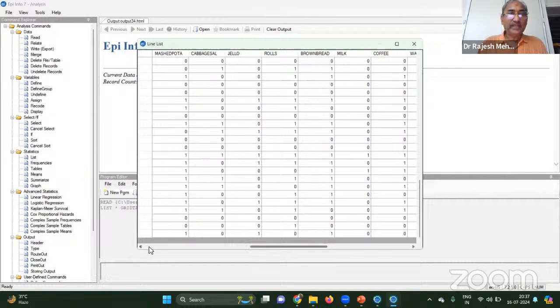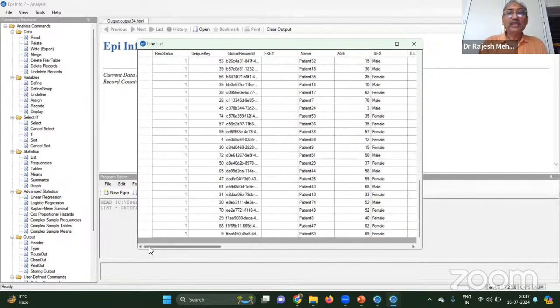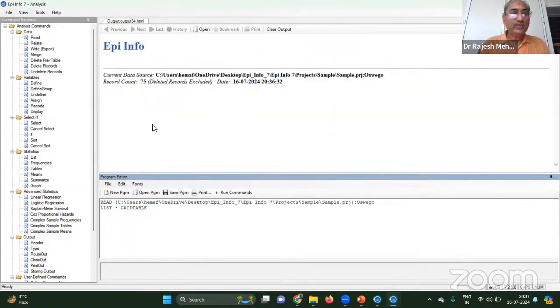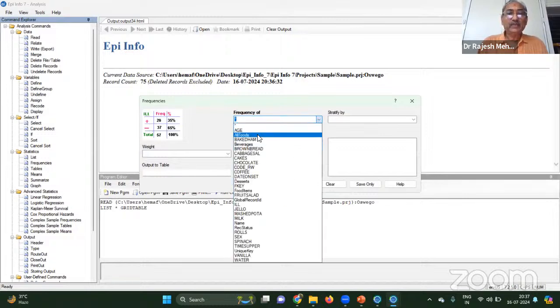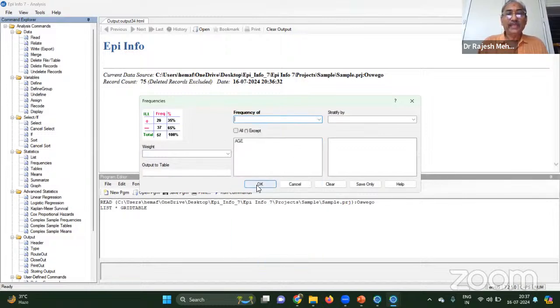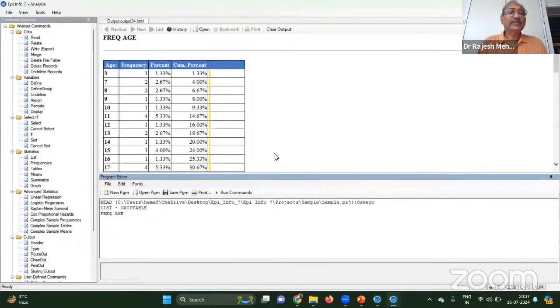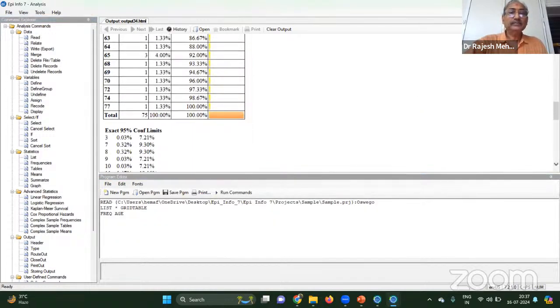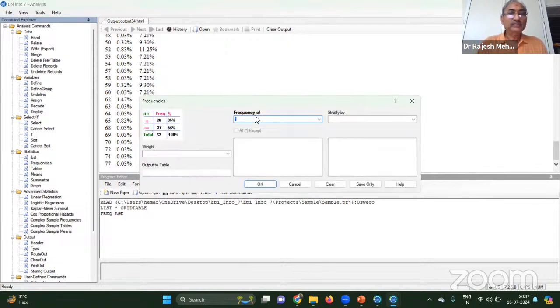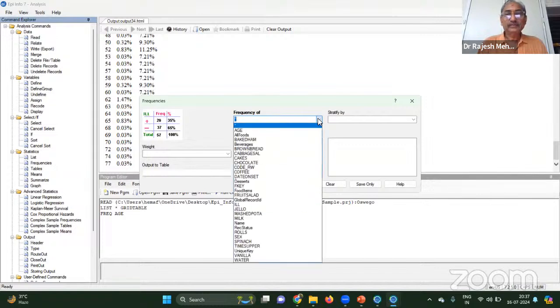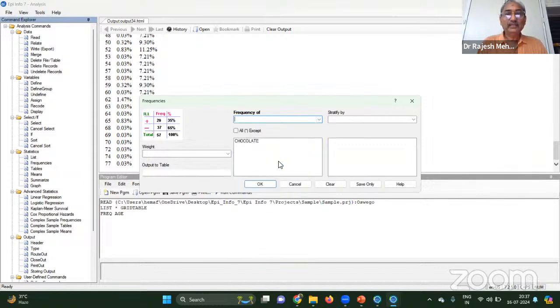Now the next thing: once you look at the data, before you do the analysis, you need to find out the frequency. If you use frequency star, or instead of star you can use it like this also. You want to see the frequency of age, you will get the frequency of age. Then you want to have the frequency of chocolate.